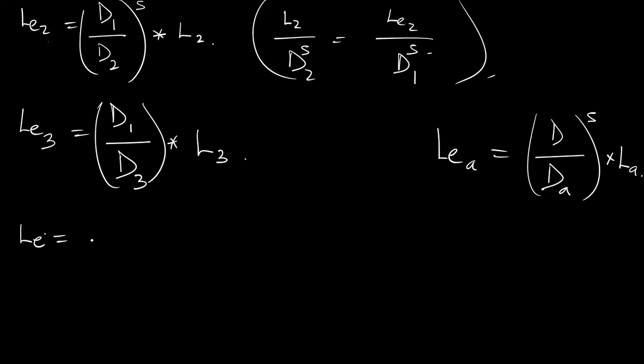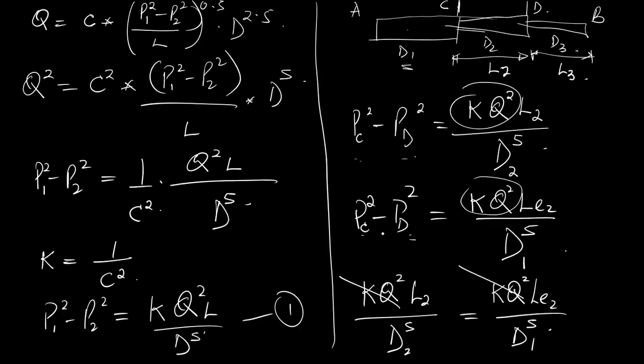So the total length, using D1 all through, will now be the total equivalent length, L1 plus LE2 plus LE3. The reason why we didn't change L1 is that L1 remains L1 because the diameter is D1.